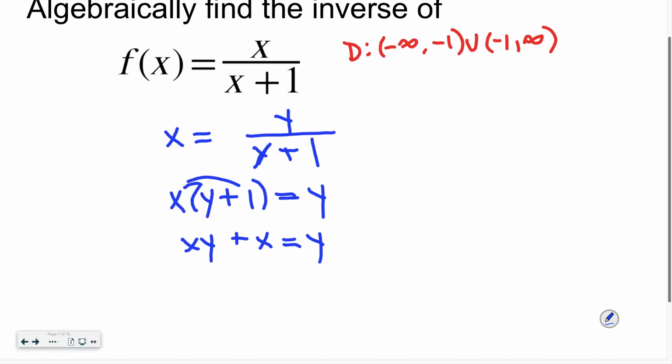So I'm going to take anything that has a y and keep it on the left side. And anything without a y, like this x right here, I'm going to subtract over. So I subtracted the y over to be with the xy, and I took this x and subtracted it over.